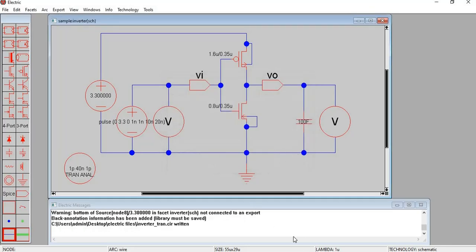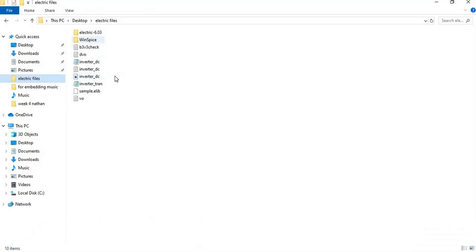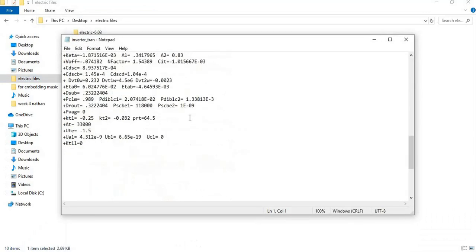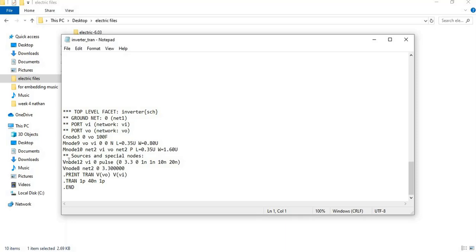For the transient analysis, you no longer have to change anything on your netlist. You can see there's no special character on your netlist, so no need to change anything.